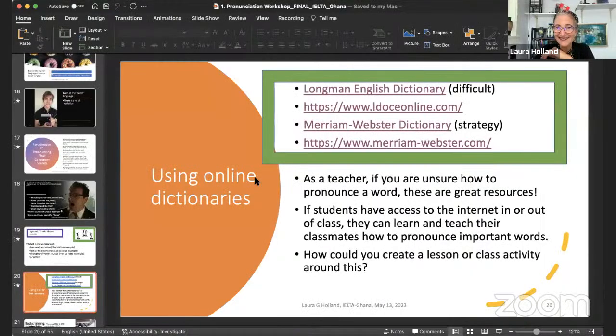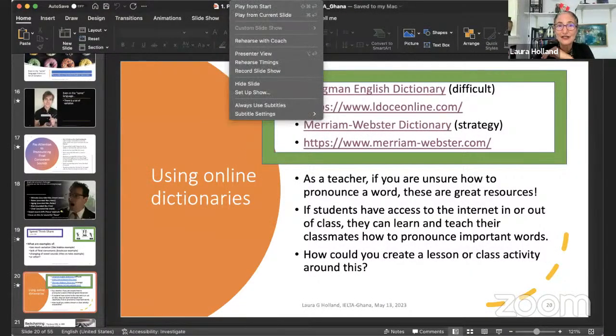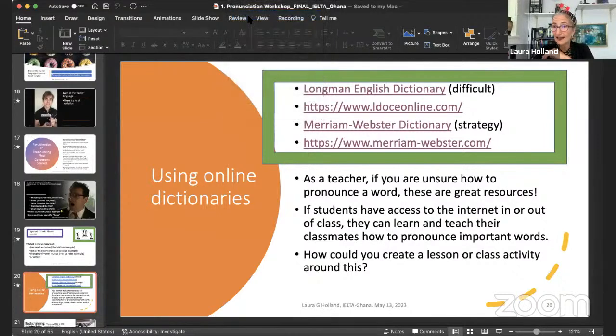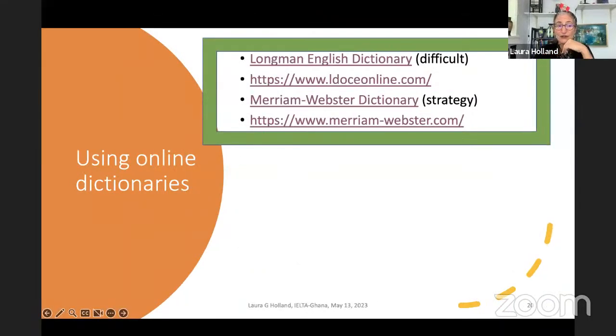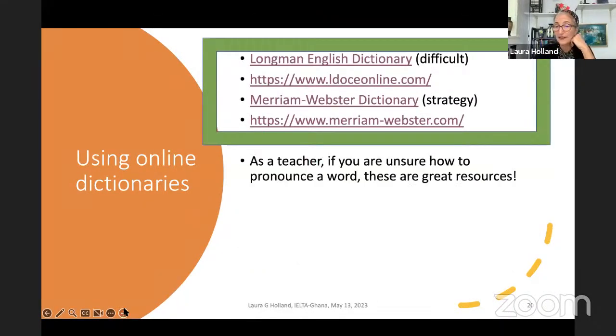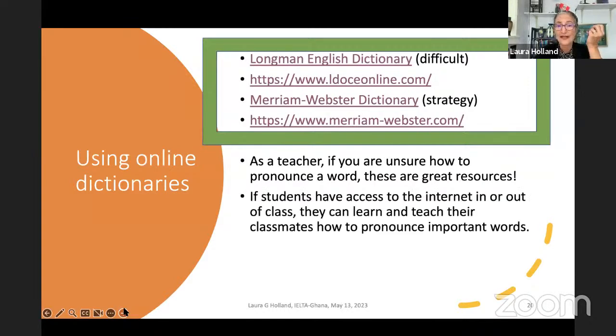So I highly encourage everybody to check out these online dictionaries and use them both for your own development and with your students. So again, as a teacher, if you are unsure how to pronounce a word, these are fantastic resources. And if students have access to the internet, either in class or out of class, they can learn.